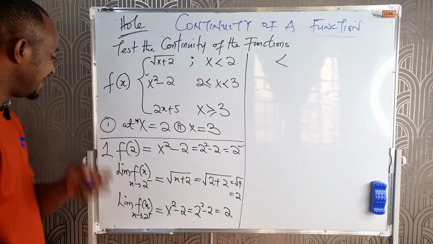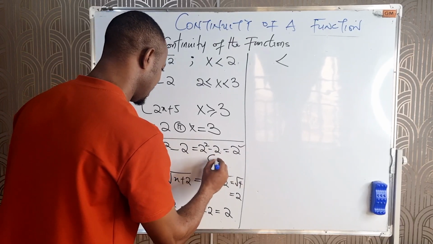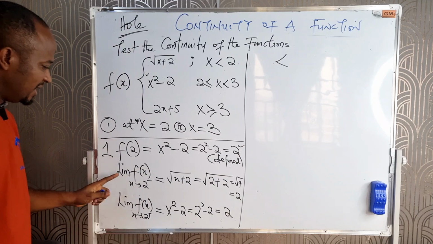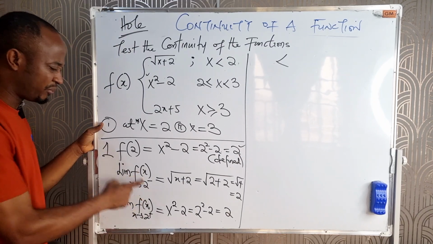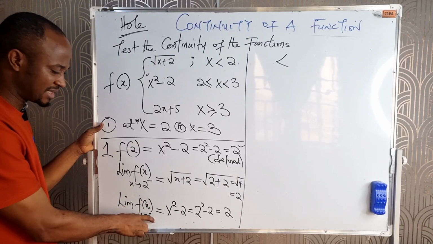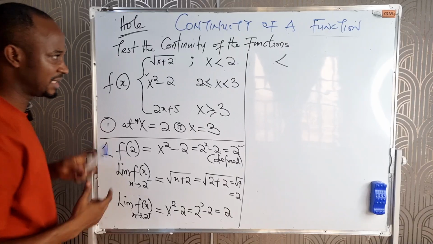What we notice is that the limit exists. f of 2 is defined because it's 2. The limit exists because the limit of f of x as x approaches 2 on the left hand side is the same as the limit of f of x as x approaches 2 on the right hand side.